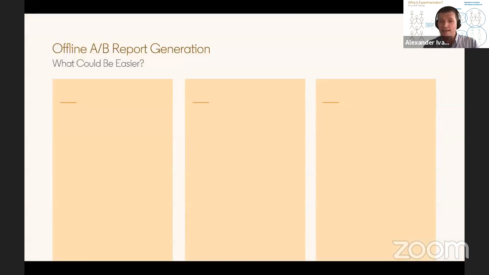And as I said before, A/B report generation was super easy in 2009 when A/B results were manually computed in R. But by 2012, we had a pipeline working in Pig. And at that time, it seemed that you could just throw more computing power at Pig and it would handle everything.